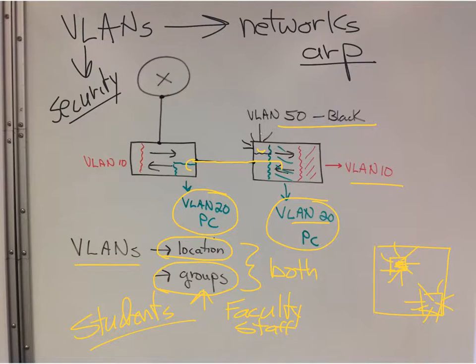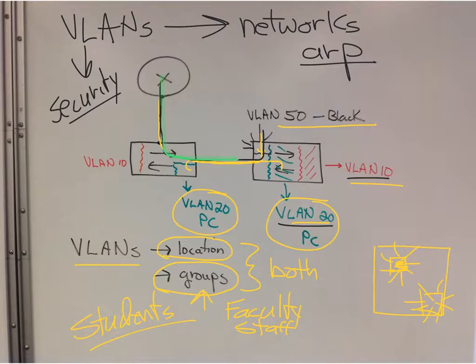So if the black left, it would be tagged with the black. It'd go up to the router. Maybe I should have done this. And go up to the router, and then if it was going to, let's say, over here a VLAN, we'll just pick green, this green one right here, VLAN 20, when it leaves, it's now going to be tagged with green again.